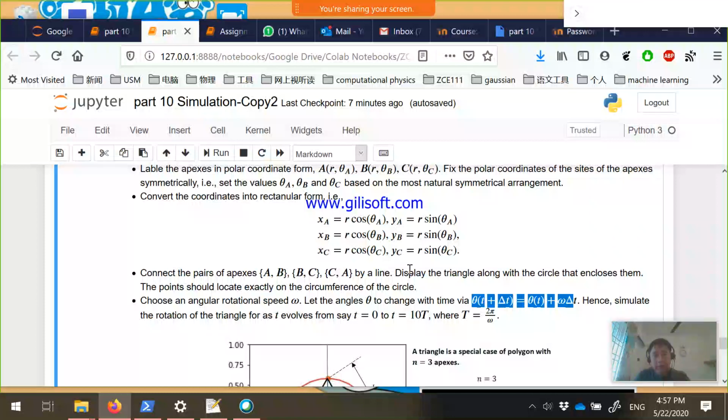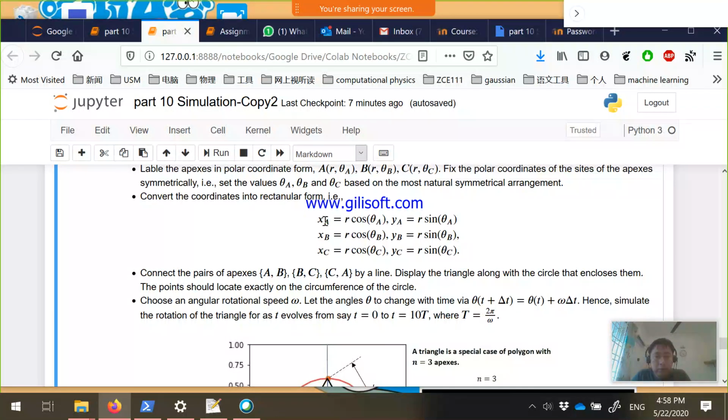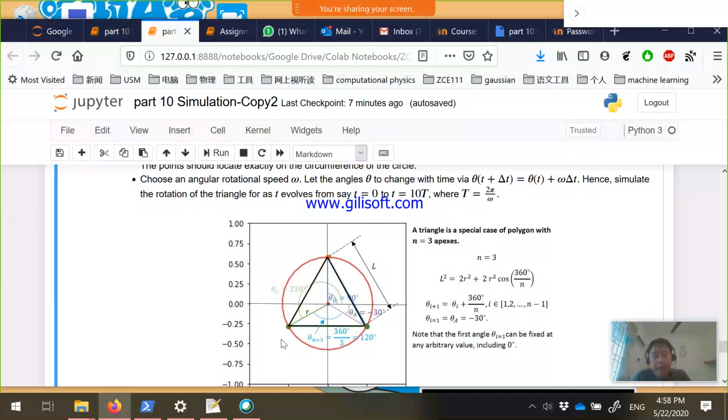So once you have everything in place, it will be easy for you to do the simulation. You just fix the coordinates of A, B, C initially. Then you calculate theta A, theta B, theta C at time 0. Then you display the points at t equals 0. Then you have a for loop. The for loop will run for i equals say 1 delta t, 2 delta t, 3 delta t, 4 delta t.